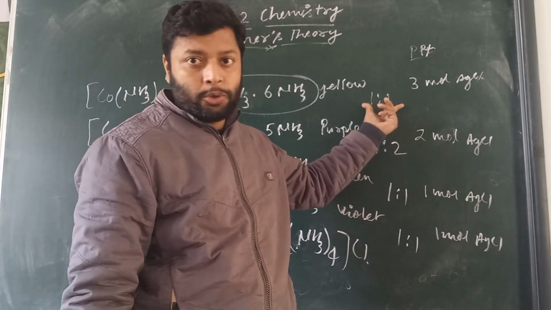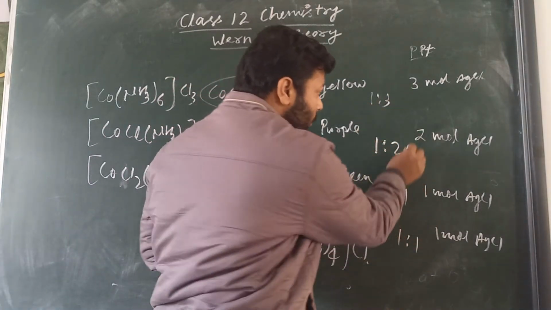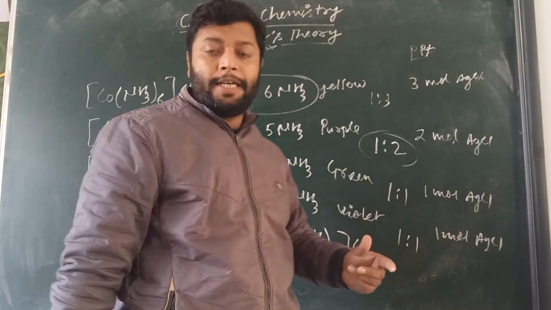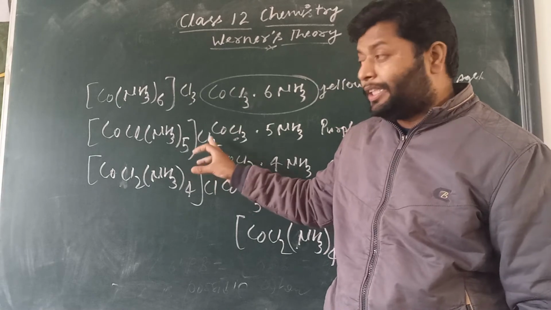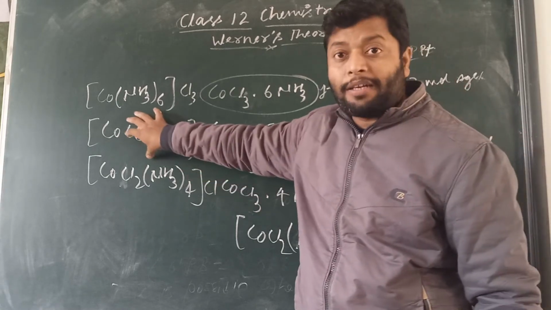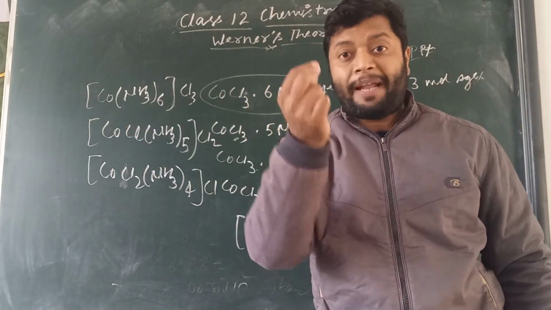So that is 1:3. The 1:2 ratio indicates the 2 ions are precipitated because these 2 are ionizable and one acts like a single particle, that is a complex particle.